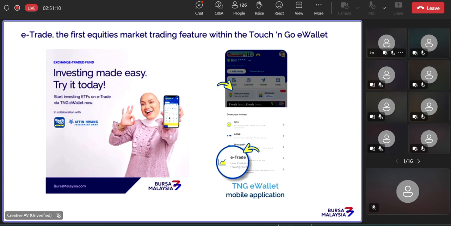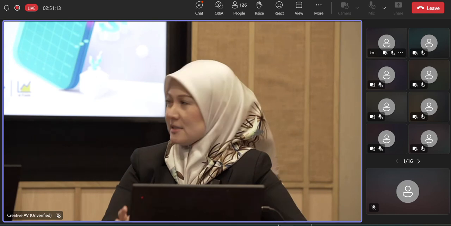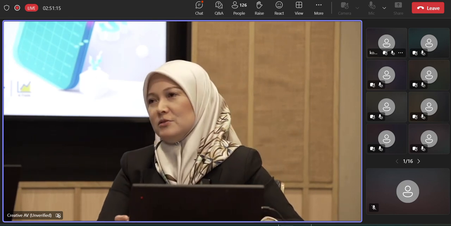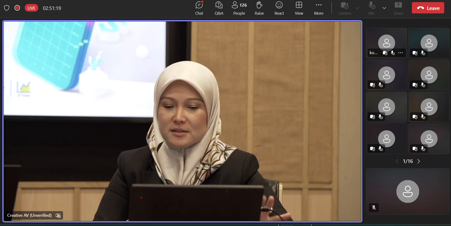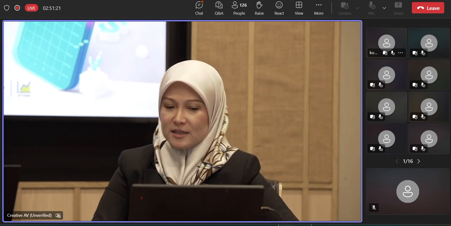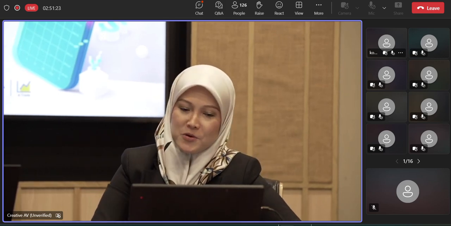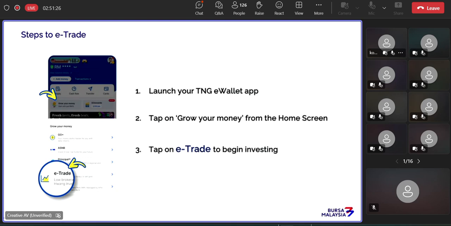It's a simpler way of investing just through your smartphone and the Touch 'n Go app. You can just launch your Touch 'n Go e-wallet app, tap Grow Your Money from the home screen, and tap on E-Trade to begin investing. As easy as that.